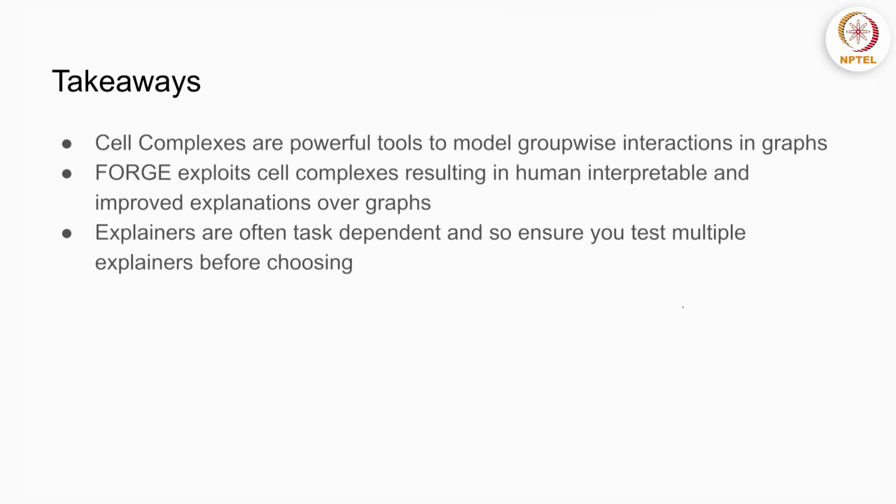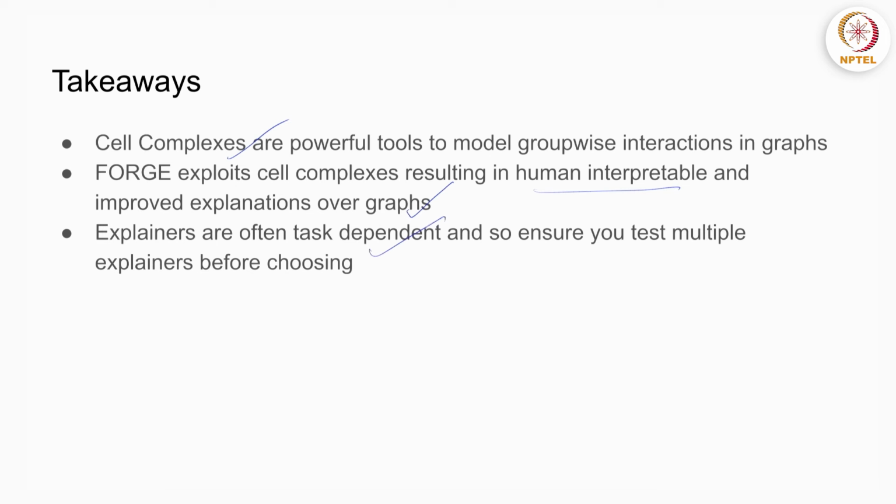So again, the main takeaways from this presentation are that cell complexes are amazing. They are very powerful, and we can use them to model group-wise interaction in graphs. Forge exploits these observations, and it results in more human interpretable and more human aligned explanations that are very much improved over existing explainers.